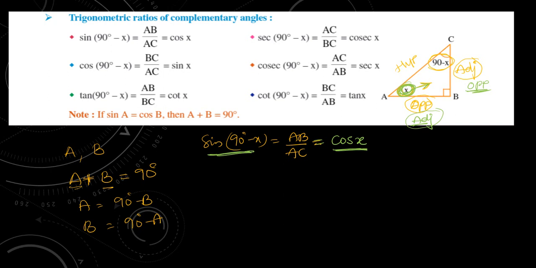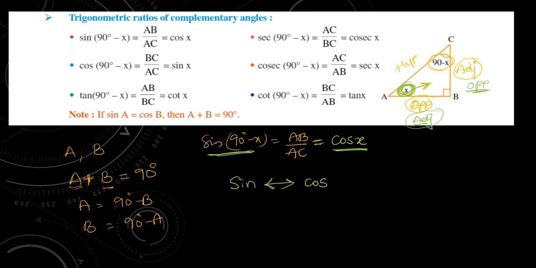Likewise, for the remaining ratios also, we are going to have all these changes. Whenever you have 90 minus x, there are some changes. How these changes occur, we can simply remember using this particular table. Sin changes as cos and cos changes as sin.